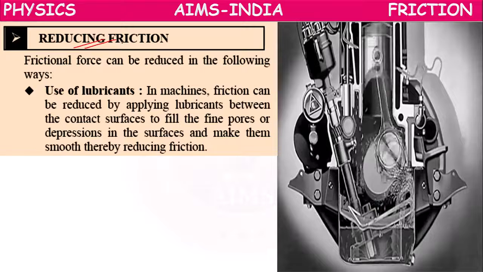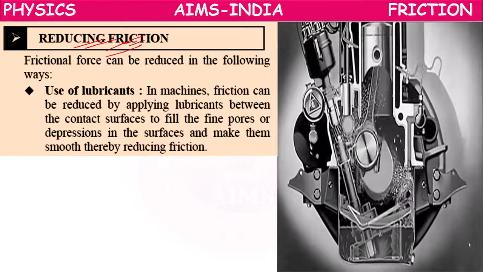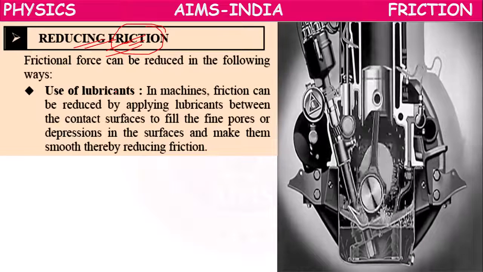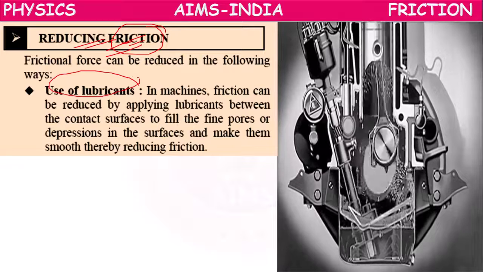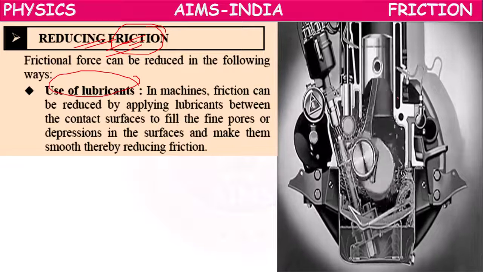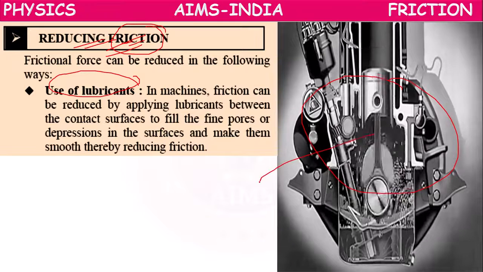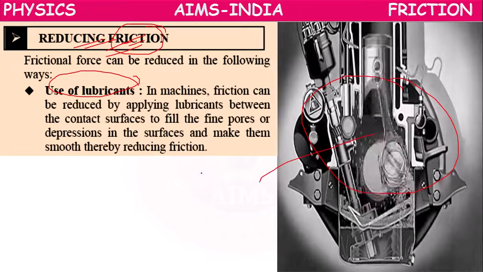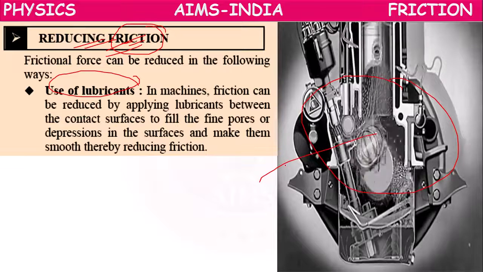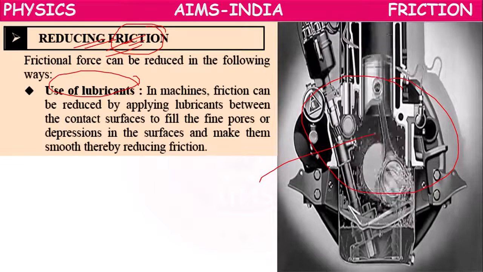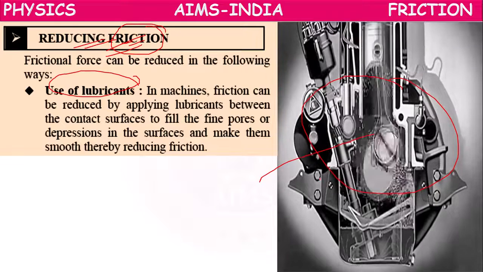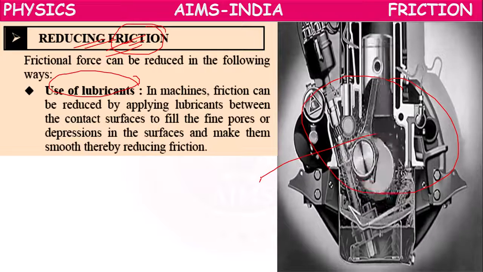Next one, we can reduce the friction by making some arrangements. By using lubricants in the machineries or in the vehicles. In the vehicles, suppose you have a moped, or your father is having a bicycle or a motorcycle or car, automobile.